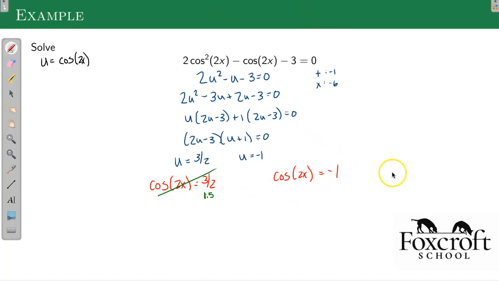So here I don't want to do u again because we already used a u. Let's do w equals 2x. So now this is cosine of w equals -1/2. This I can solve using the unit circle because I just have a single variable in my parentheses. Cosine is -1/2 on the left-hand side of that unit circle.